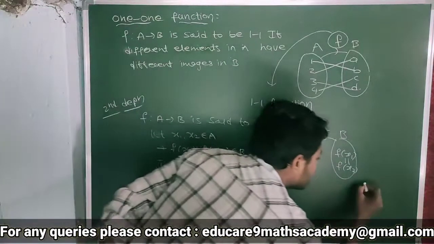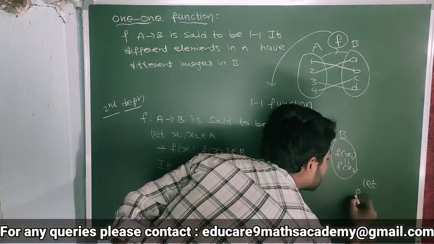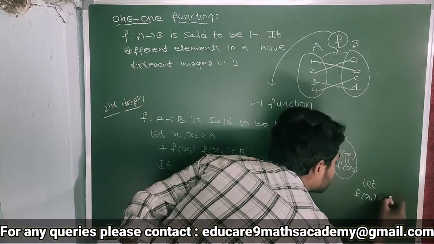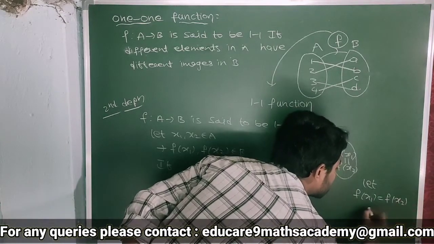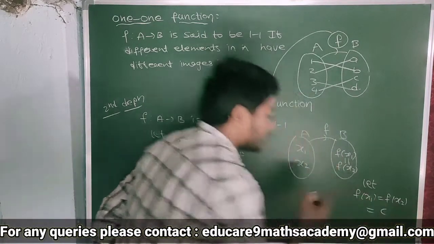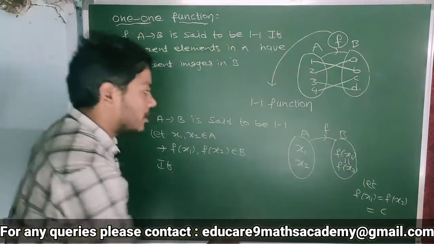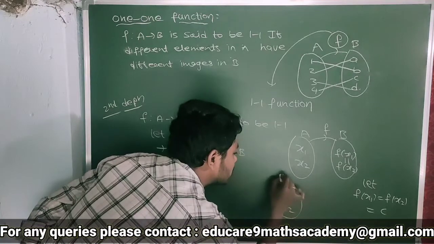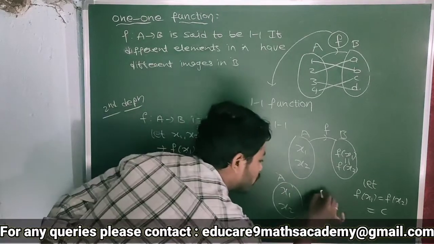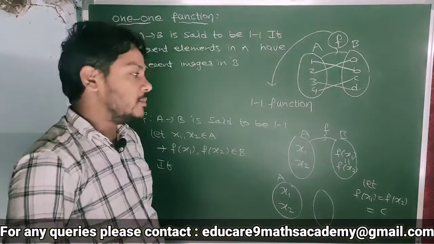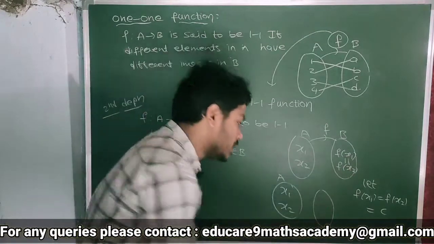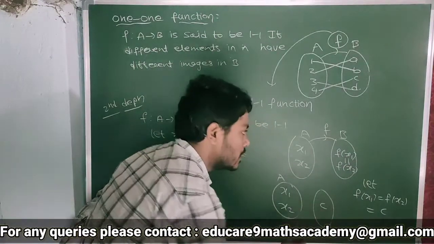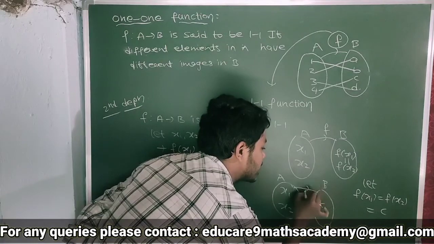So let f of x1 equal f of x2, say c. Now write here in the domain x1, x2 in A. In the codomain there is only one element, because these two are equal, that is c. So the relation is f.